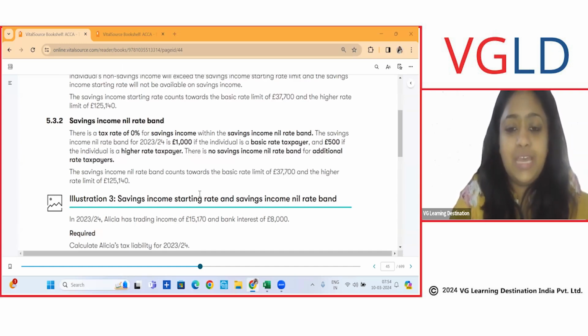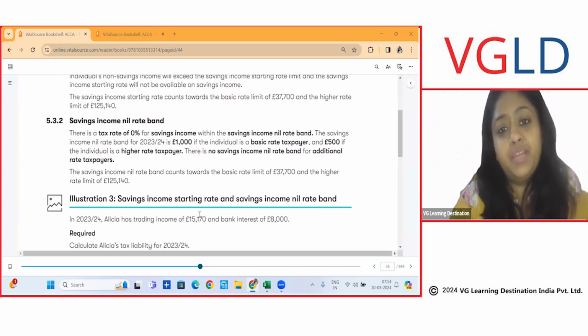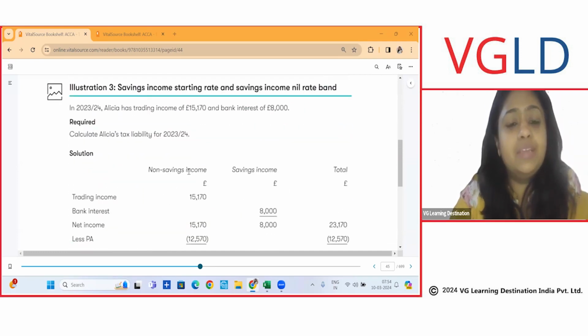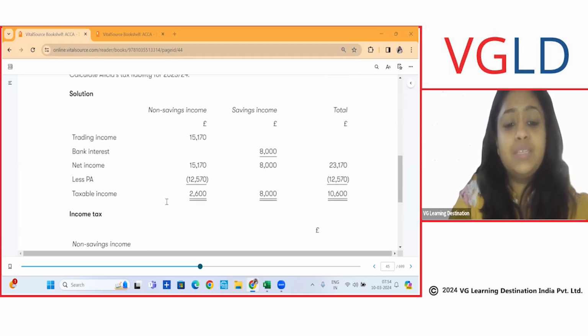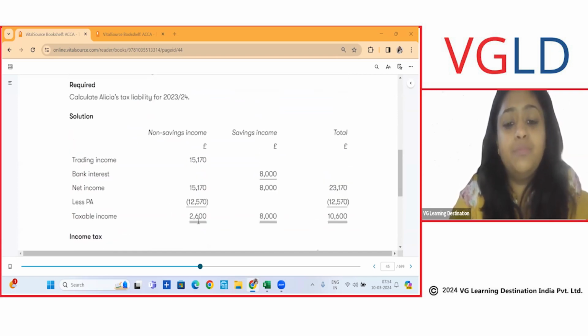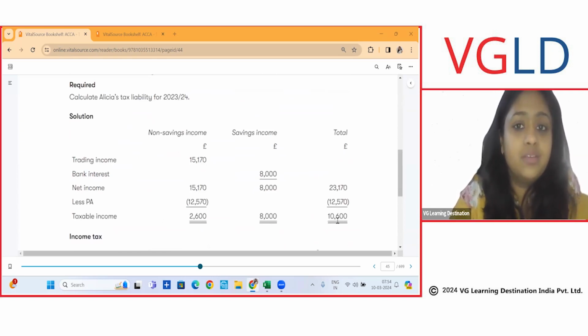So now, first step, we will reduce from trading income. You'll have NSI, SI. Now from this, you will reduce your PA of 12,570. We reduce it. You'll get taxable income of 2,600. Here you will get 8,000. Total will be 10,600. Mohammed, did you get this answer?